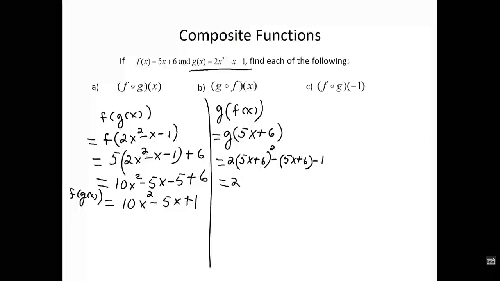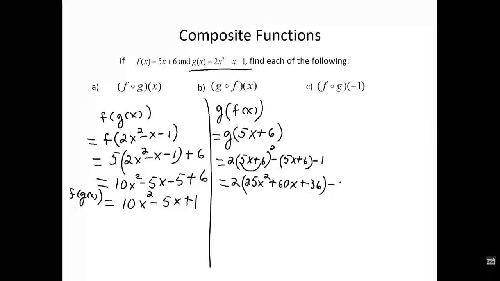So let's simplify this. (5x plus 6) squared is going to be 5x squared is 25x squared. 6 times 5x is 30x times 2 is a positive 60x plus 6 squared, which is 36.